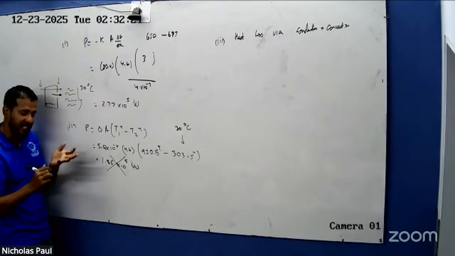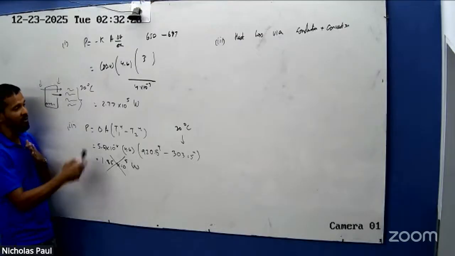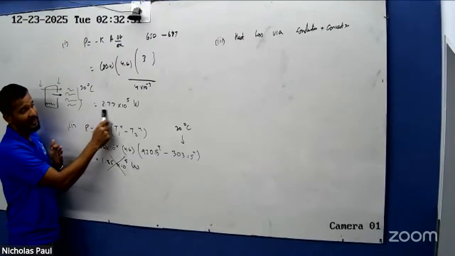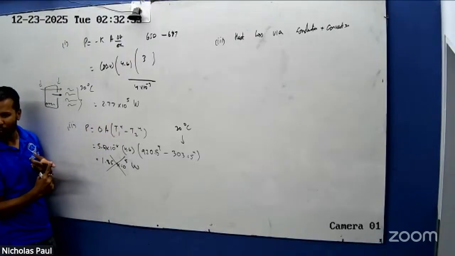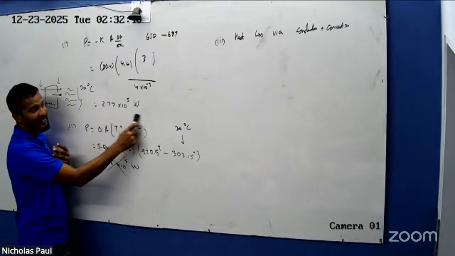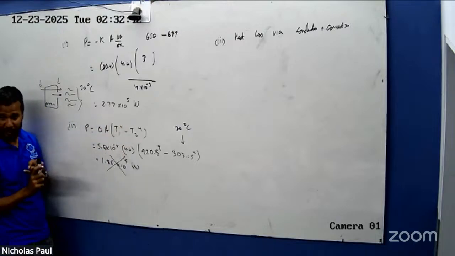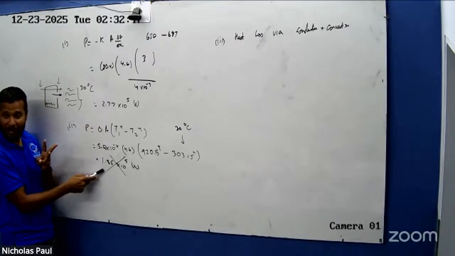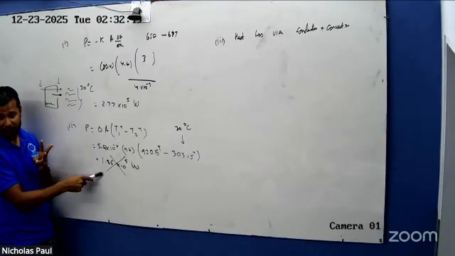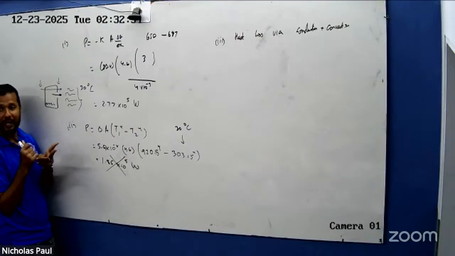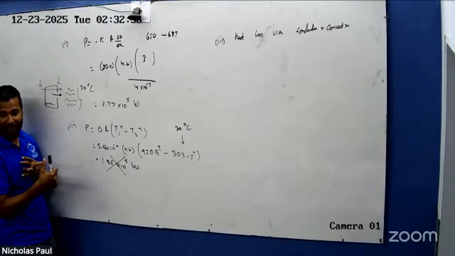If they said heat via conduction, convection, and radiation, then we add that. Remember, we have no formula to really calculate heat loss via convection. So we'll have to take this value as conduction and convection. If they say conduction, convection, and radiation, then we add these two. So this is the only thing that we have to show conduction and radiation and convection.